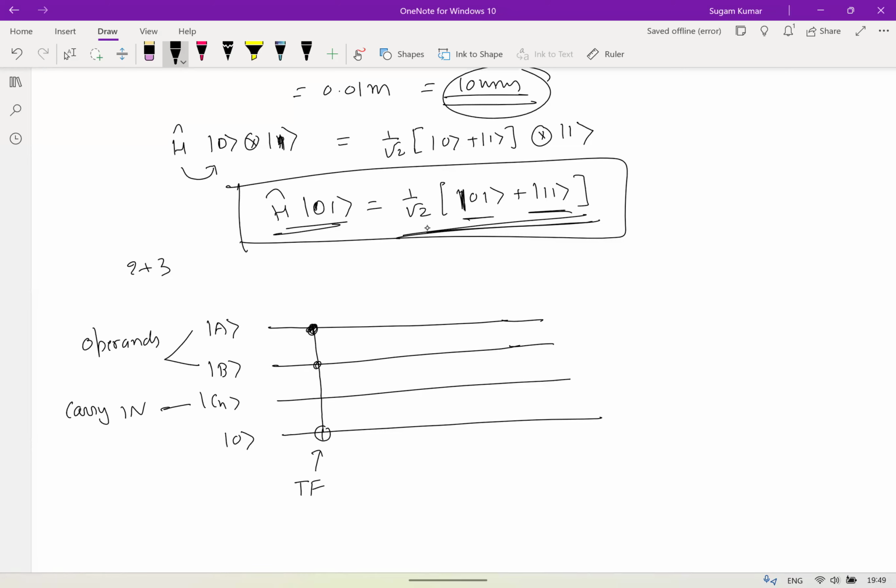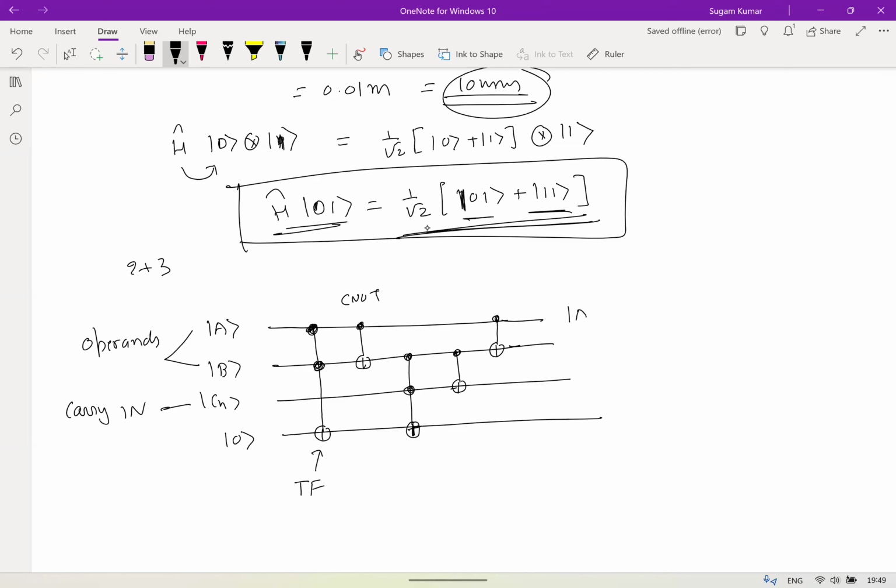So first you apply a Toffoli gate. Then you apply a CNOT gate. Again, you apply another Toffoli gate, and then two more CNOT gates.